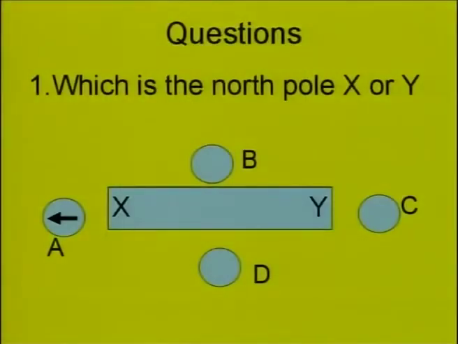this lesson. The first one, as you can see, question number 1, is which is the North Pole, X or Y? Whenever a compass is placed beside a magnet, what will happen? Samuel.